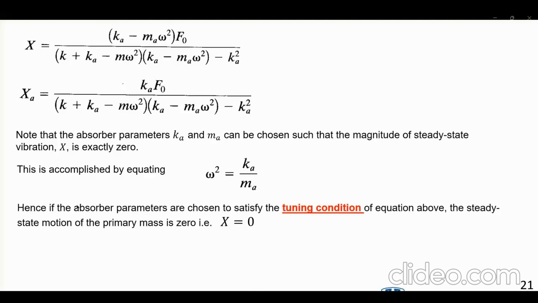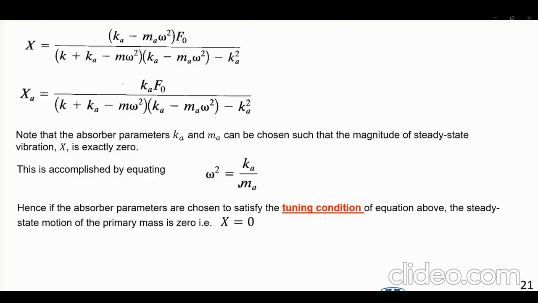Now, these are called the absorber parameters that satisfy this. They're for this particular frequency. That's why it's called the tuning condition. In other words, these things work when the frequency does not change. If you know the frequency of your machine, of your vibration, then this absorber works because you tune it.